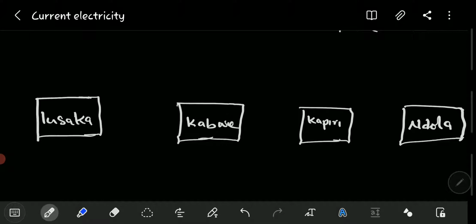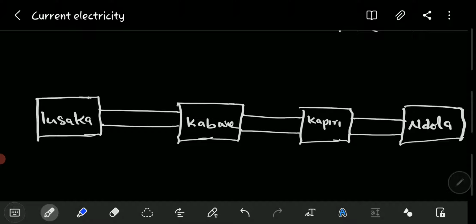All these towns are connected by a road. So for you to move from Lusaka to Ndola, you need to pass through Kabwe, Kapiri. Then you reach Ndola.